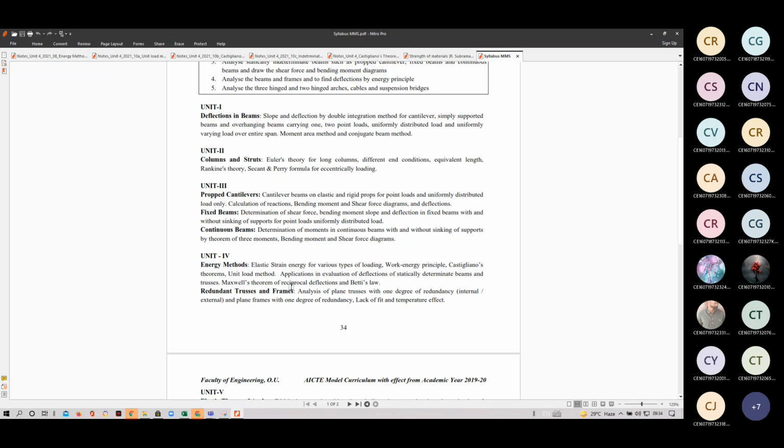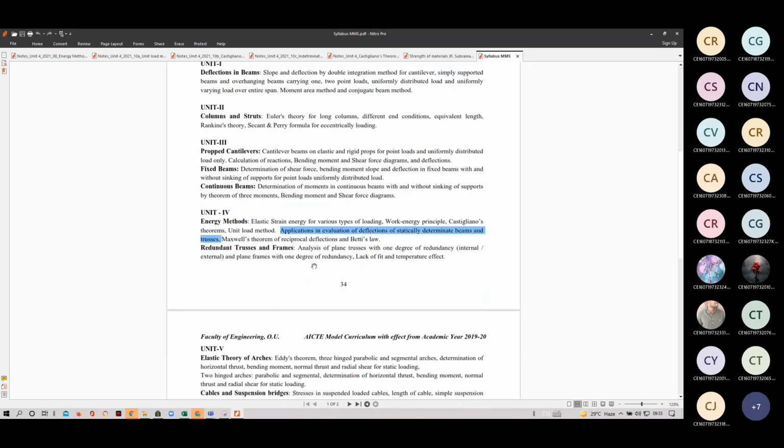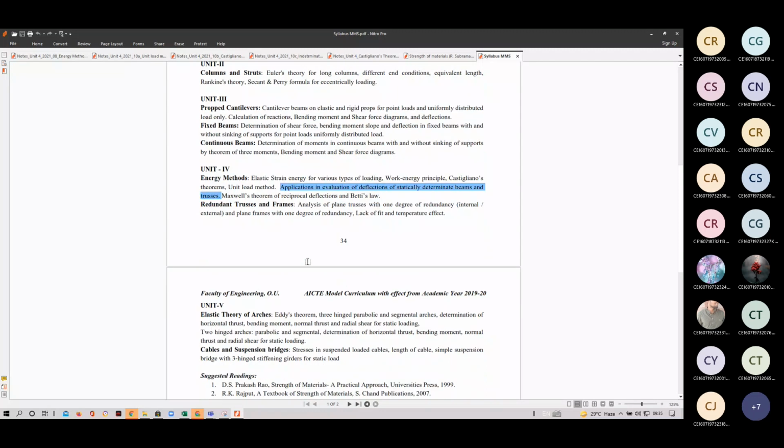We'll explain the concept. Now we need to do evaluation of deflections for statically determinate beams and trusses. Okay, and Maxwell's theorem and Betty's law, we will not apply in problems, but you should know their application is in trusses and plane frames.